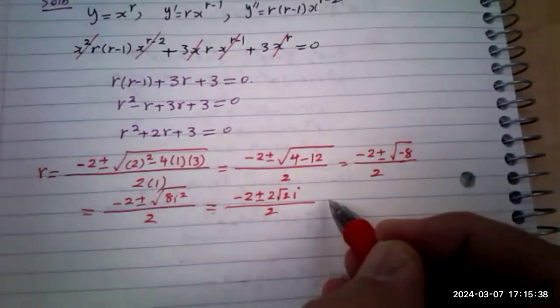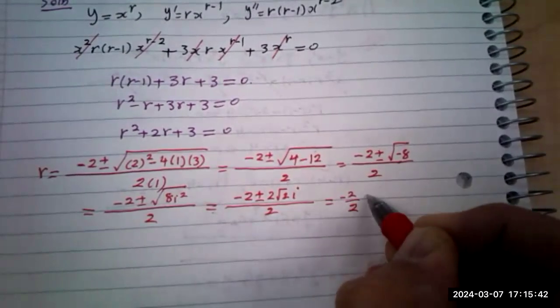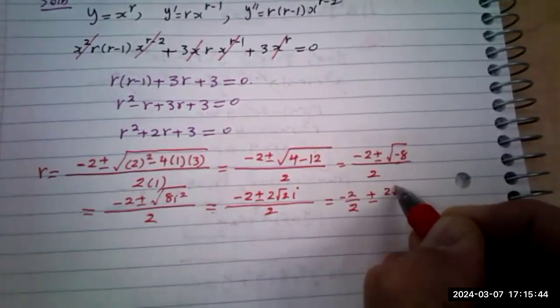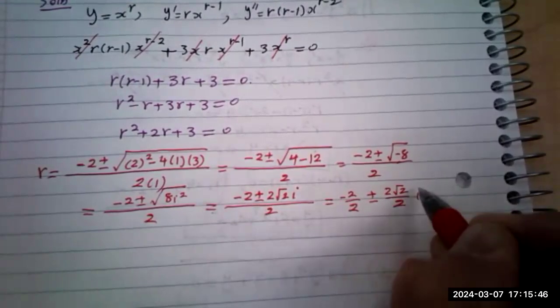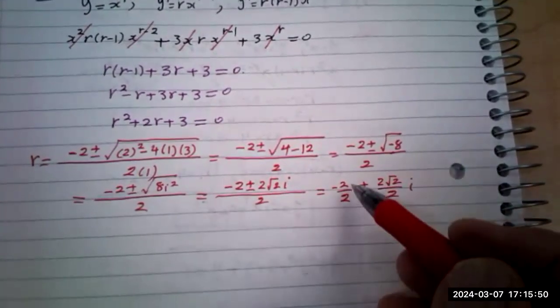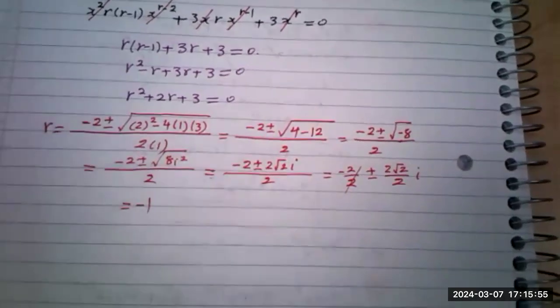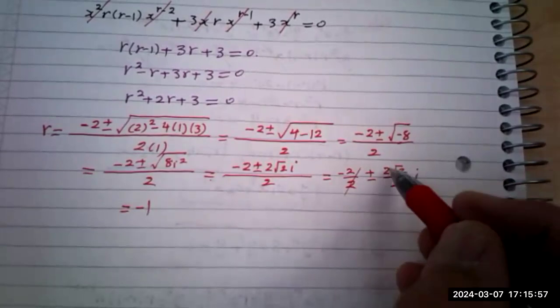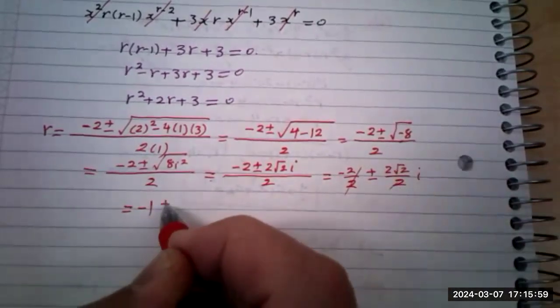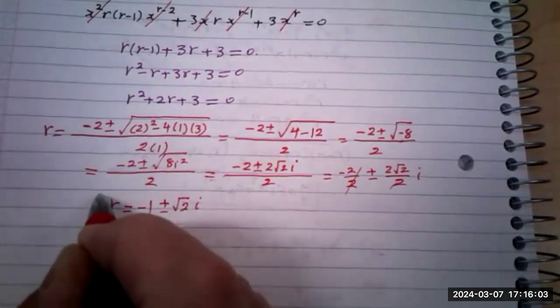So that gives you negative 2 over 2 for the real part, plus the negative 2 radical 2 over 2 times i. Now simplify it. The first one gives you negative 1, and the second one gives you plus or minus radical 2 i. So this is going to be your r.